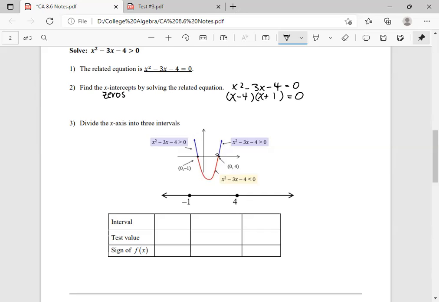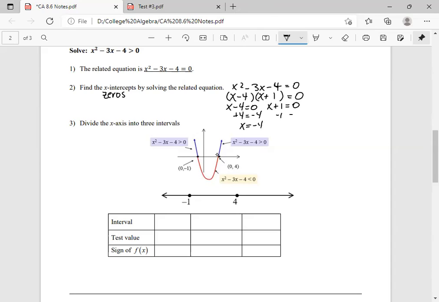-4 times 1 is -4. -4 plus 1 is -3. And we've talked about the steps to do that before, but when you get the answers to this, when you set them both equal to 0, that gives you your zeros.